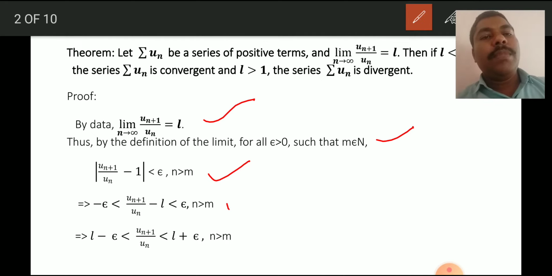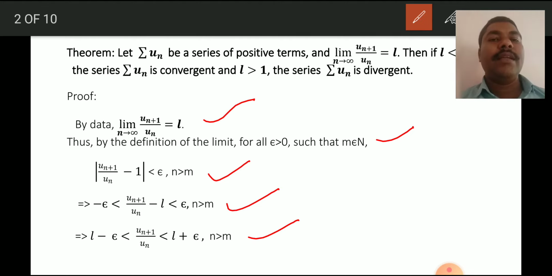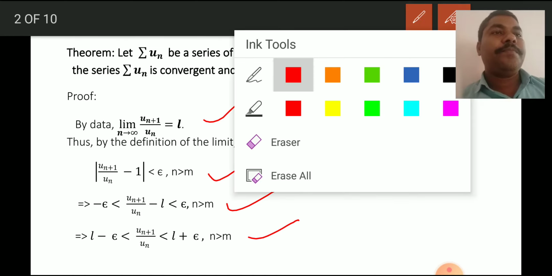So this implies minus epsilon less than un plus 1 by un minus L less than epsilon for all n greater than m. Next step, add L. So we get L minus epsilon less than un plus 1 by un less than L plus epsilon for all n greater than m.